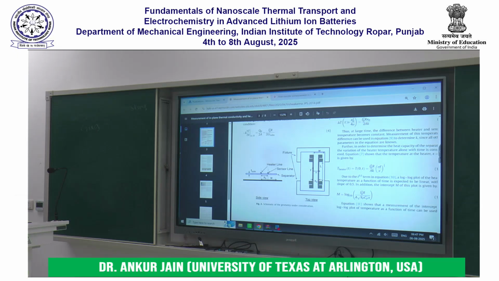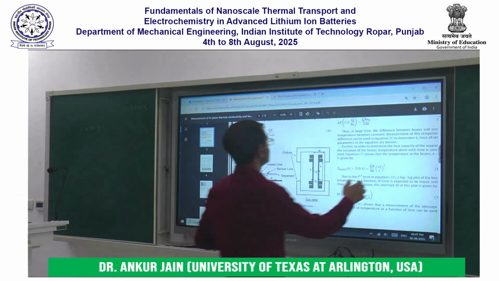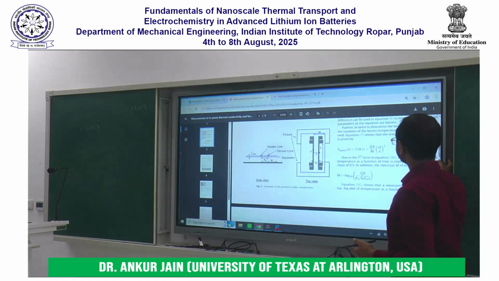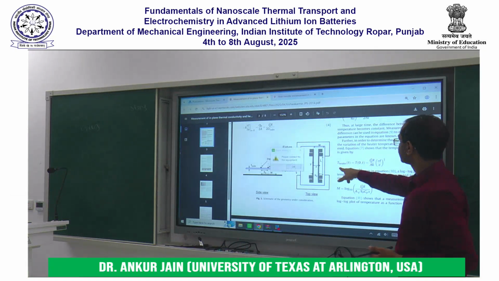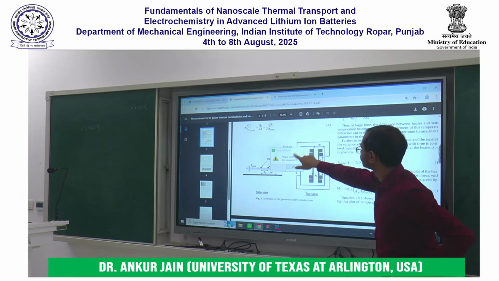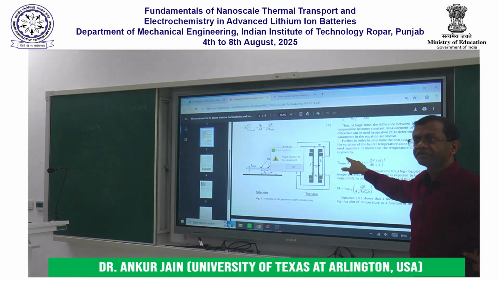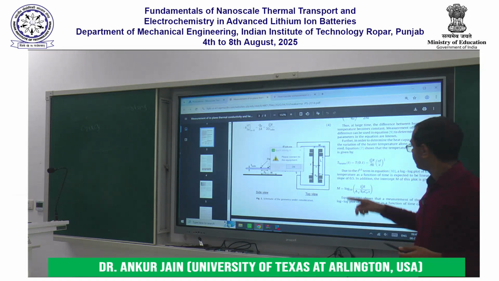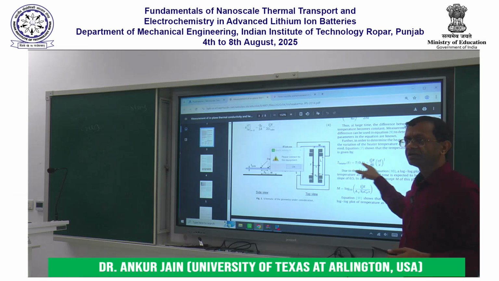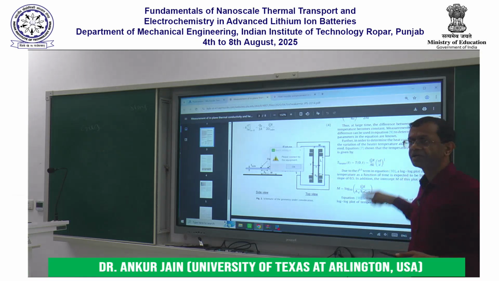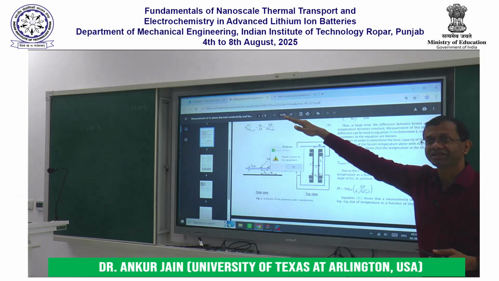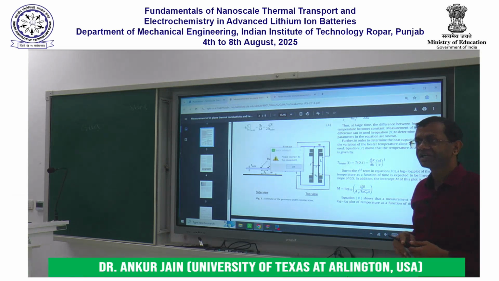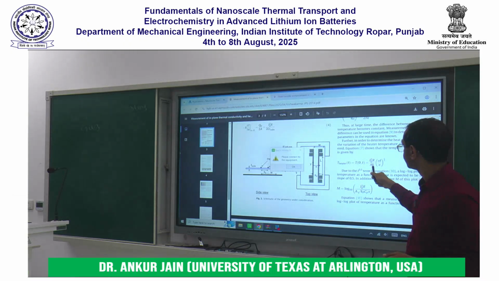If I sit there and measure the temperatures of these two lines as functions of time, then we developed a theoretical model for this problem, which basically said that T heater as a function of time should be given by this expression. If I take the log of this, it tells me that a semi-log plot of T heater as a function of time should become a straight line, and the slope of that straight line has information about the thermal properties of the body.